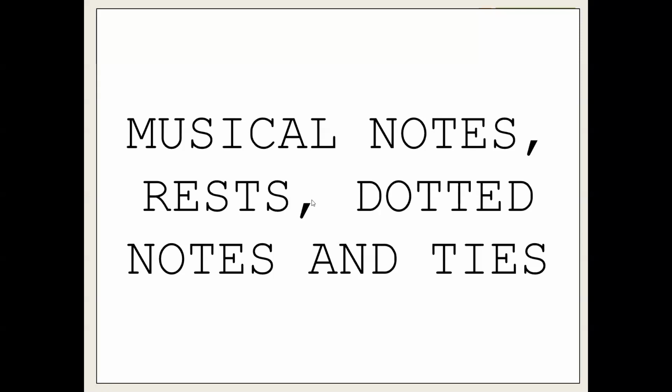So in summary, we're talking about musical notes and rests. We said that musical notes and rests have equivalent values. We're going to look at dotted notes as well as ties later on.